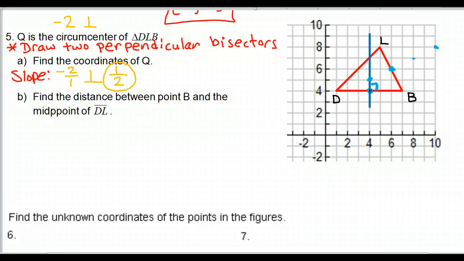That's the answer. I said kabam because I can already see that that's where it crosses the first perpendicular bisector. But I will go ahead and draw my perpendicular bisector by connecting these dots.